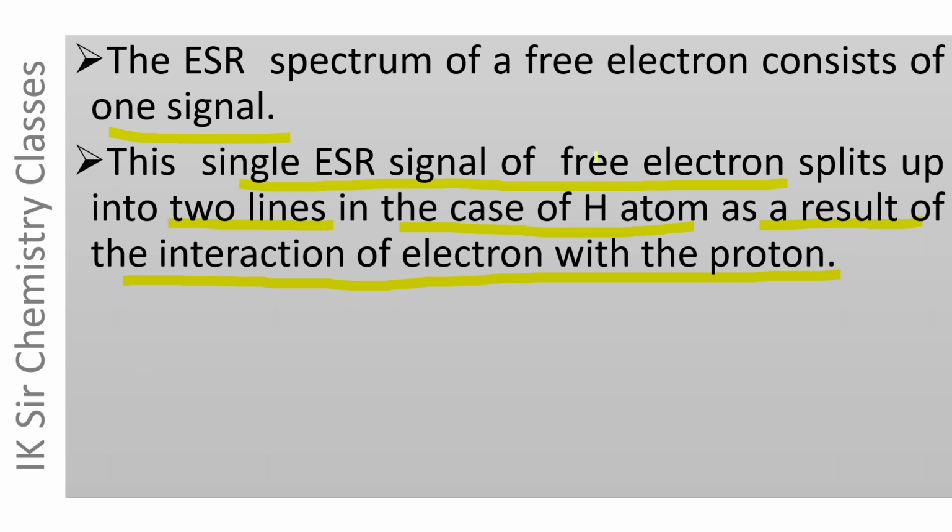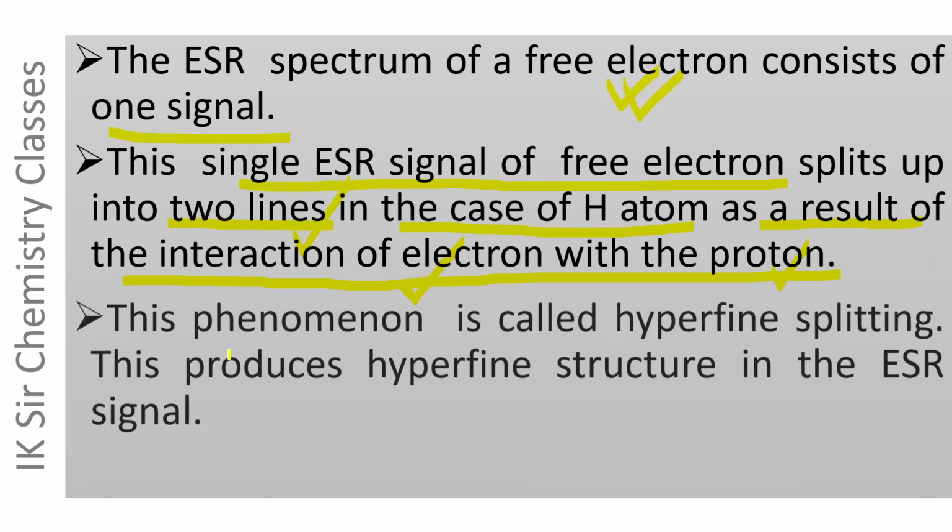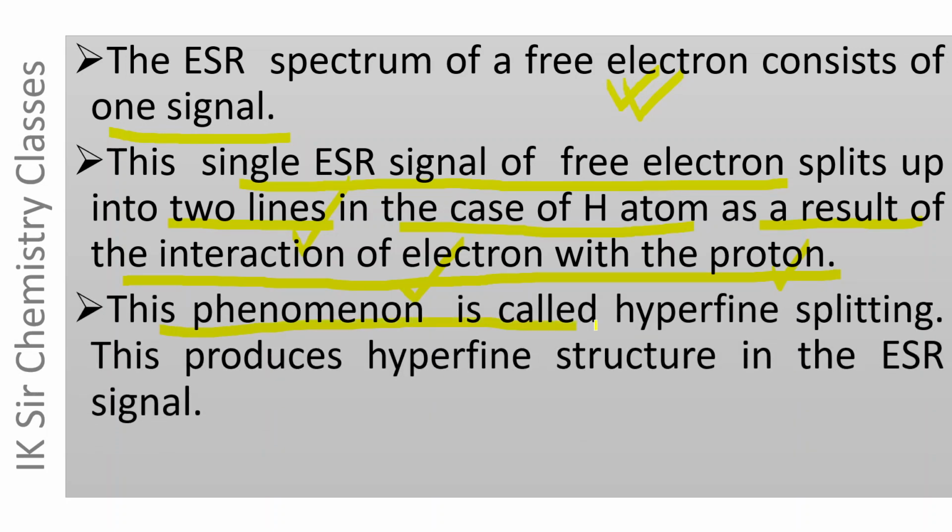The ESR spectrum of free electron consists of only one signal, but the single ESR signal of free electron splits up into two lines in the case of hydrogen atom due to interaction of the electron spin with the magnetic moment produced by the proton. This phenomenon is called hyperfine splitting, and it produces hyperfine structure in the ESR signal.